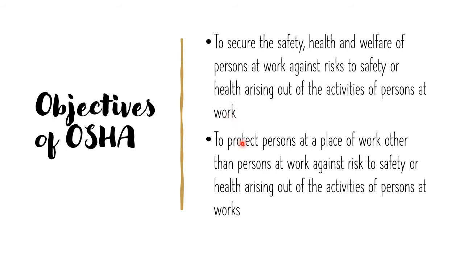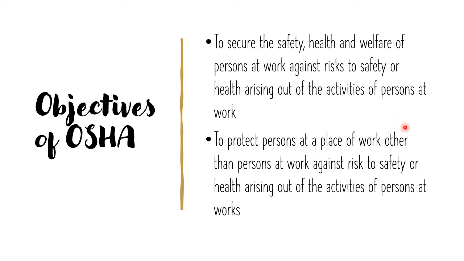Okay. The second one is to protect persons at the place of work, the same workplace, but who are not doing the work. Another person doing the work has a risk, and the risk also applies to the surrounding people. So we protect those people surrounding, even though they are not doing the work.